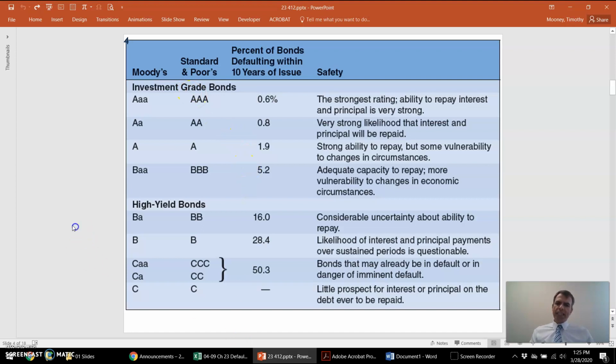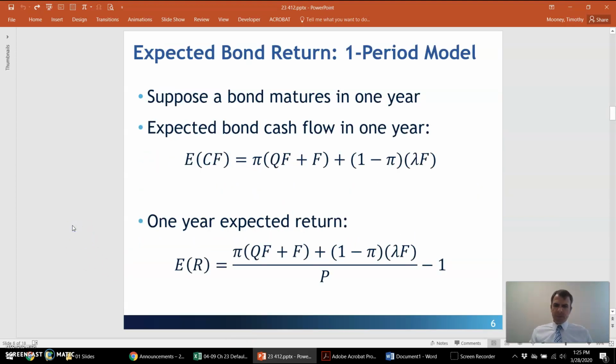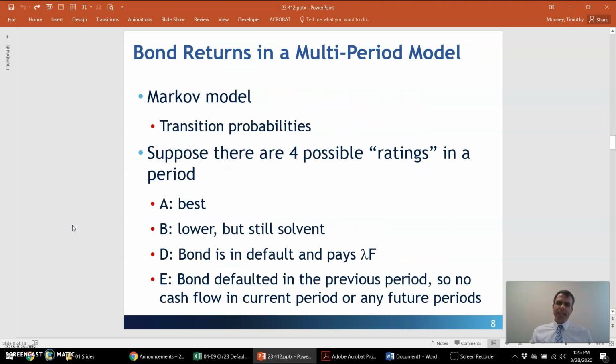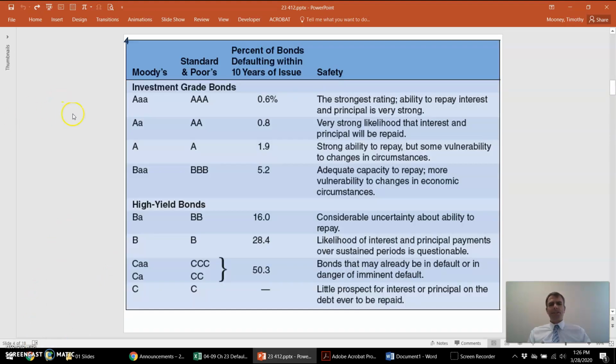So we're going to look at a model where a bond has a certain credit rating as a starting point, and there's a probability of the rating either increasing or decreasing. And once the rating gets to a certain level, there's a probability of default. Because in real life, almost no bonds go from a really high credit rating, like AA, all the way down to default immediately. Usually there's a ratings downgrade along the way.